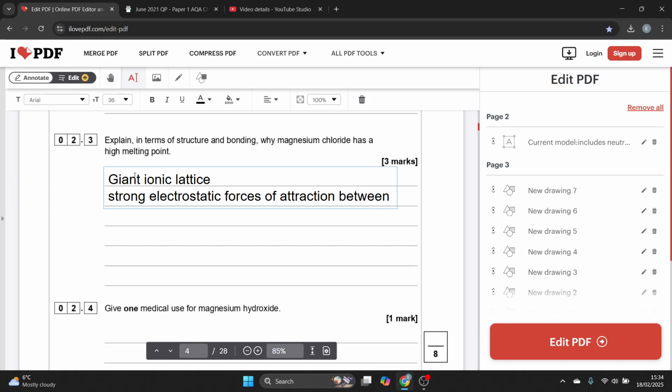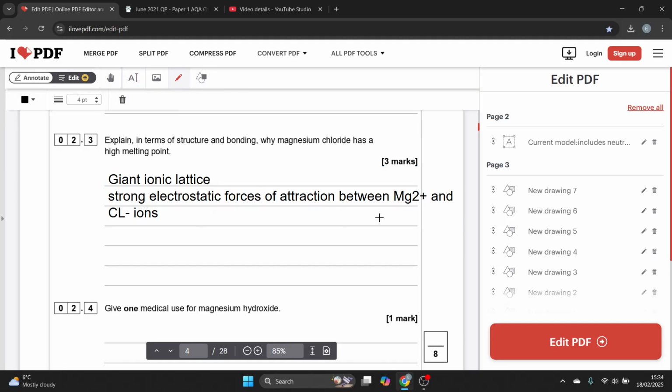Between oppositely charged ions would give you that, but I would say between Mg2 plus ions and Cl minus ions, because you don't know if the mark scheme is going to be that specific, and oppositely charged ions is really general. So giant ionic lattice, strong electrostatic force of attraction between Mg2 plus and Cl minus ions.